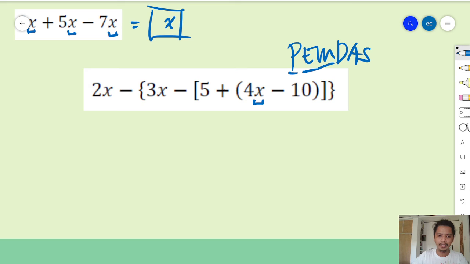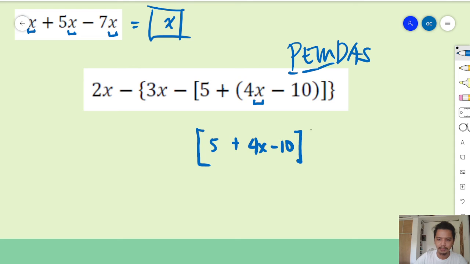Wherein yung positive na yan, i-distribute mo sa 4. Pag positive, dinistribute mo sa 4x, same lang yun. Positive pa rin yun. Yung positive, binultiply mo sa negative, negative pa rin yun. So, kapag positive yung nasa unahan, ang mangyayari lang dyan, ay magkakaroon lang tayo ng 5 plus 4x minus 10.